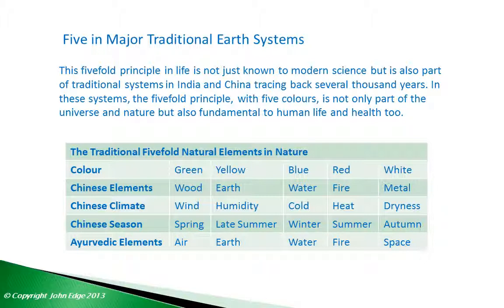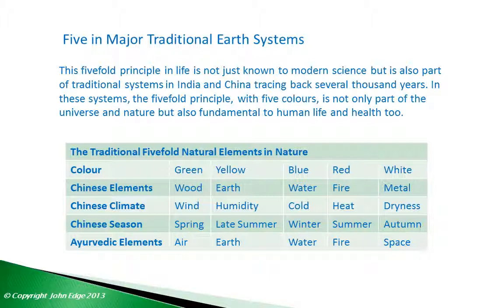And the Chinese also have a different sense of climate and seasons that relate to the elements and to the human. Wind, humidity, cold, heat and dryness, and in the seasons spring, late summer, winter, summer and autumn. So they're slightly different, but they're more interconnected to the human interaction to nature, you might say, rather than nature's fourfold cycle of growth, which is slightly different.